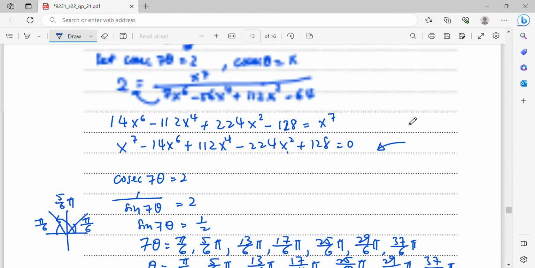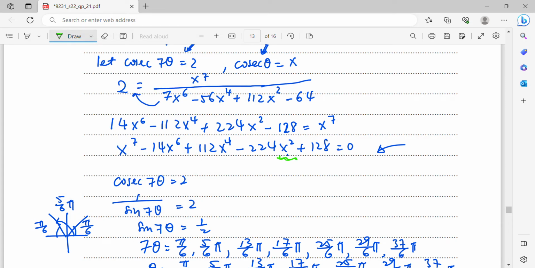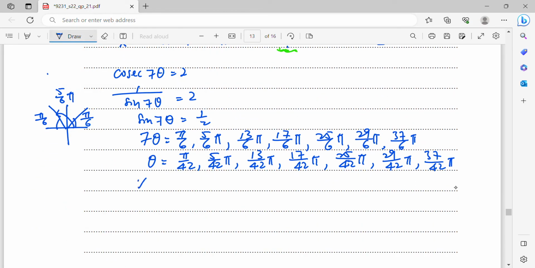Now remember, our solution is x, because your equation is in terms of x. So it means that our solution is x equals cosec theta. So now you can just rewrite your x as cosec theta, which means your x is cosec of all of this.